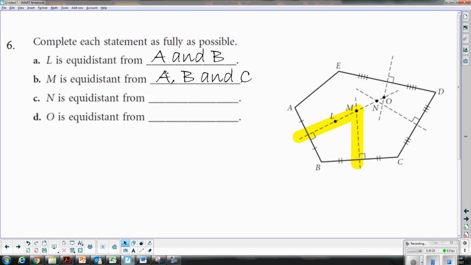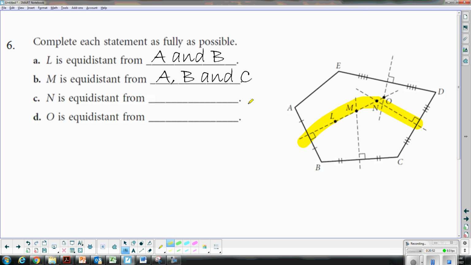All right, the next one, N is equidistant from what? So let's find N. N is on two bisectors. It's on that first one that bisects CD and the second one that bisects AB.